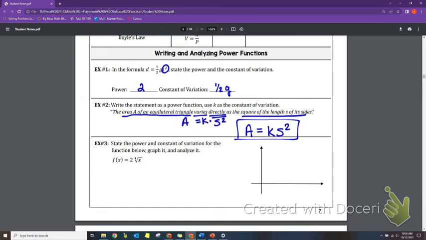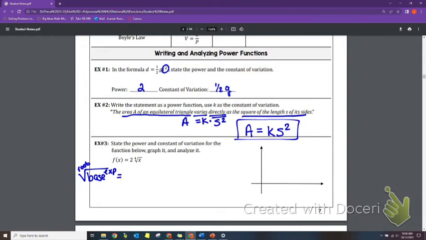Example 3, so state the power and the constant of variation for the function below, graph it, and analyze it. So we have f of x equals 2 on the 4th root of x. Now remember, you learned a while back that if you have a radical, it's going to have a root, a base, and an exponent. And it doesn't matter if that exponent's inside or outside the radical.